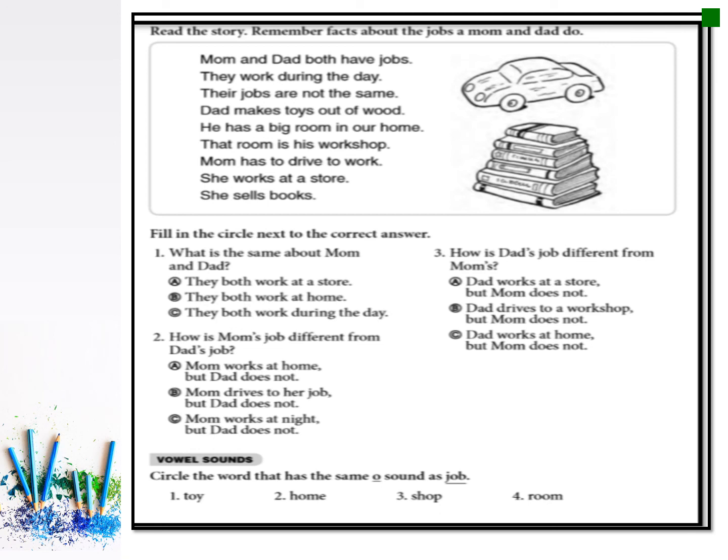So dad works in their home. Mom has to drive to work. She works at a store. She sells books. But mom works at a store. She doesn't work at their home like their father.